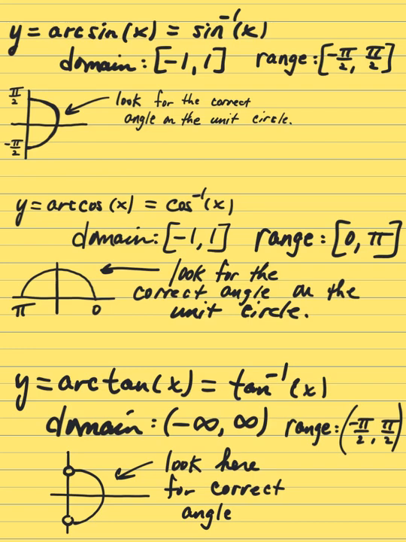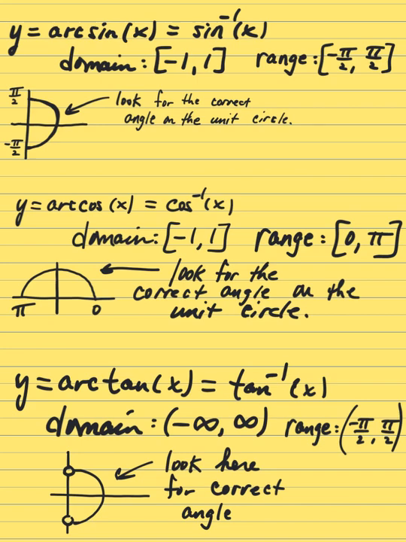In the intro part of your homework, you're going to be asked about the domain and range of your inverse functions. Now, instead of sketching those graphs, which you can find in your e-text if you wanted to read up on them, I just go right to the portion of the unit circle that you will look in to try and find the correct answers.